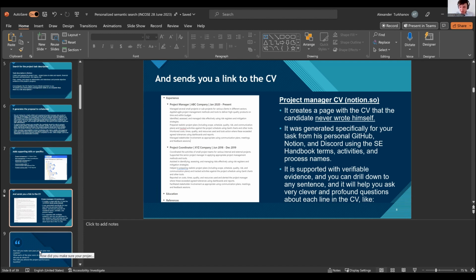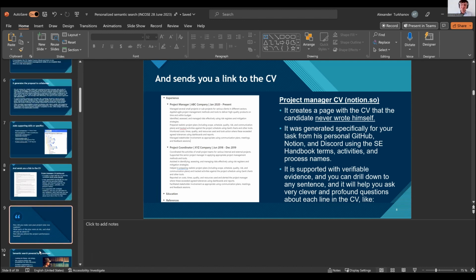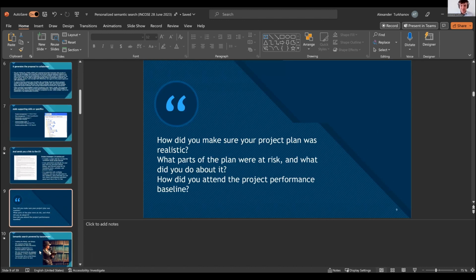And okay, if I'm still not sure, I can ask, please generate me controlling questions for these statements. So if the person says that she made realistic project plans, the questions are, how did you make sure your project plan is realistic? That's a very legit question. Or what parts of the project were at risk for this particular project you have in your portfolio? What did you do about it?